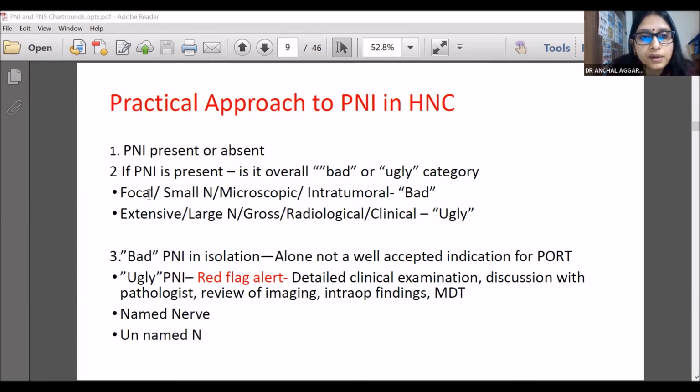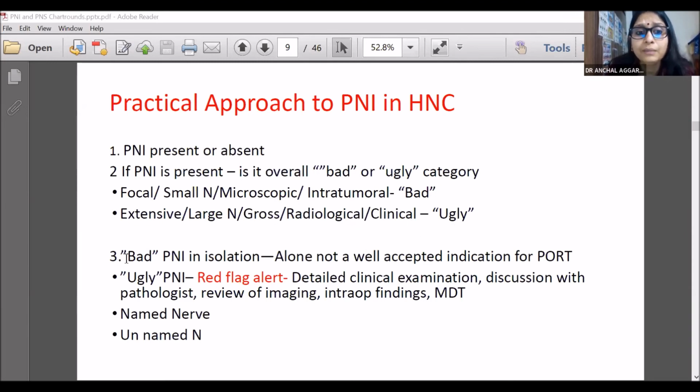If it is focal, if it is a small nerve, if it is a microscopic PNI, and if it is intratumoral, then we categorize it as bad. If it is extensive, if it is involving a large nerve, if it is gross, if it is radiologically also visible, or if there are clinical features also suggestive of cranial nerve involvement, then we categorize it as ugly.